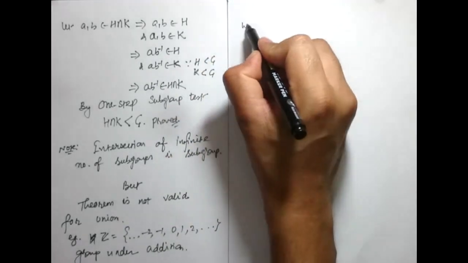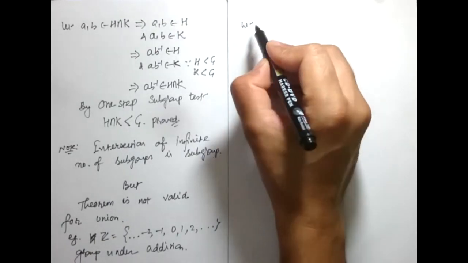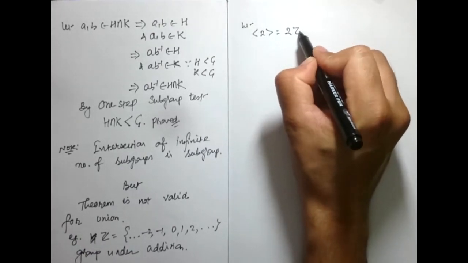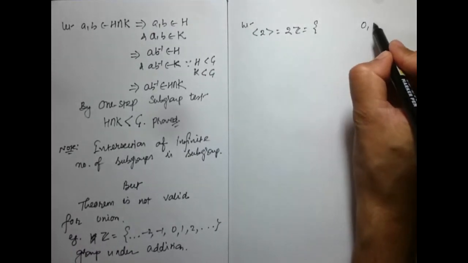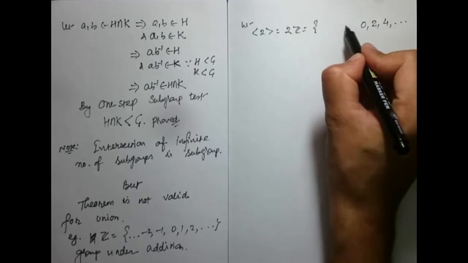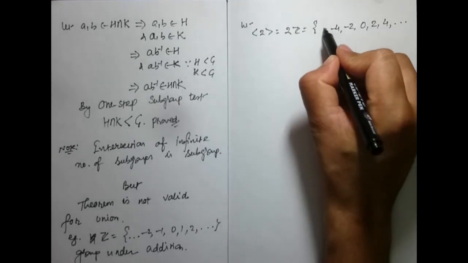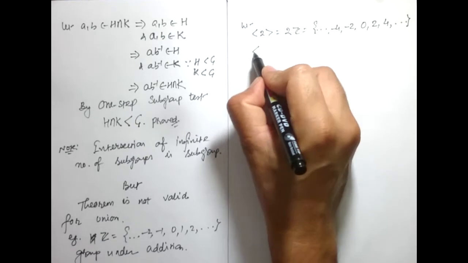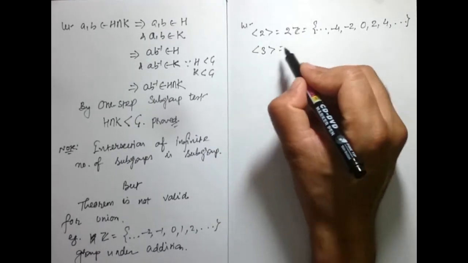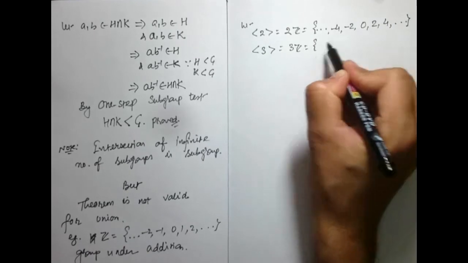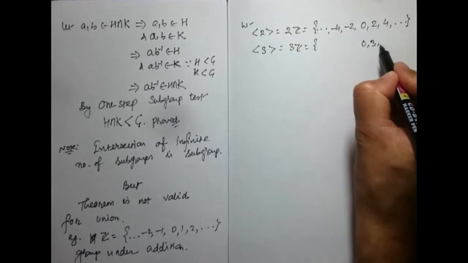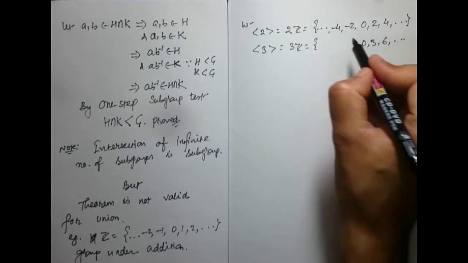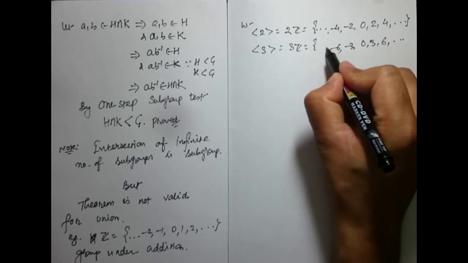Let this be a subgroup which is generated by 2: 0, 2, 4 and so on, -2, -4 and so on. ये मेरा एक सब ग्रुप है Z का. Similarly, a set generated by 3 forms a subgroup under addition. इसमें ऐसे एलिमेंट आएंगे, 3 से जनरेट हो रहा है तो 3, 6 and so on. सिमिलरली यहाँ -3, -6 and so on.